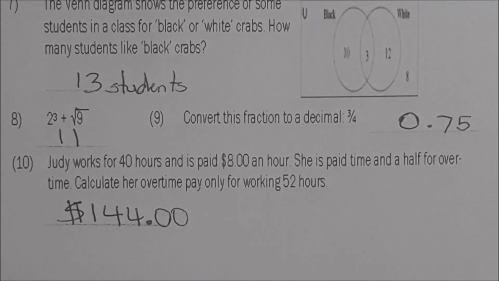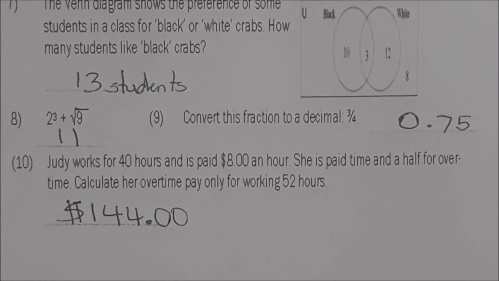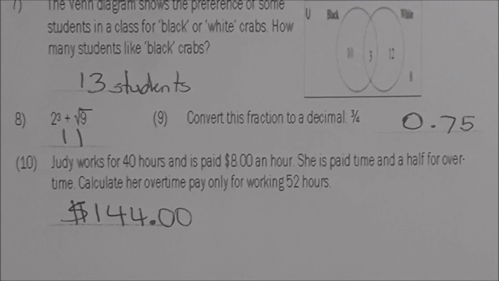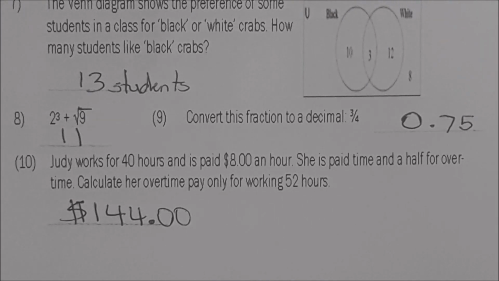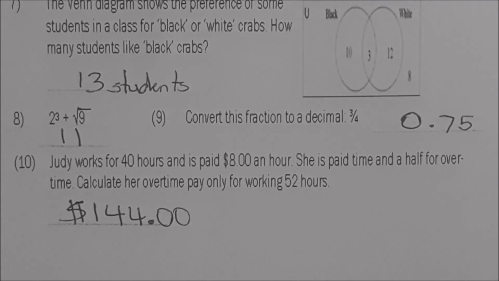Time is $8. And then a half is $4. So you add 8 and 4. For time and a half is 8 and 4, which is $12. Multiply the overtime pay times the overtime hours, 12 times 12. And that's how come we got to $144.